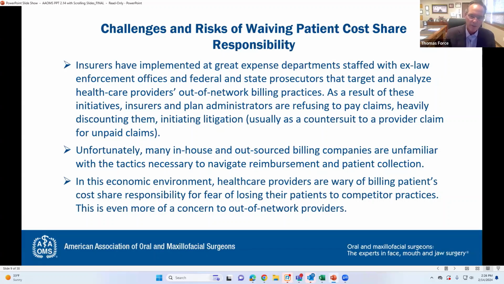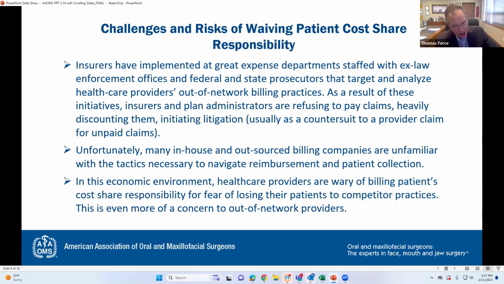These insurers have implemented, at great expense, departments staffed with ex-law enforcement officers and federal and state prosecutors that target and analyze healthcare providers' out-of-network billing practices, and in-network practices, by the way. As a result of these initiatives, insurers and plan administrators are refusing to pay claims, heavily discounting those claims, or initiating litigation, usually as a countersuit to a provider's claim for unpaid claims.